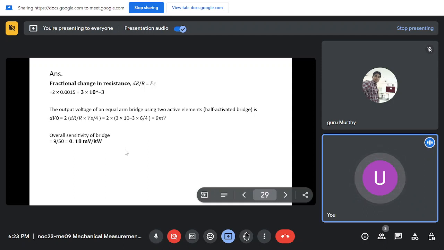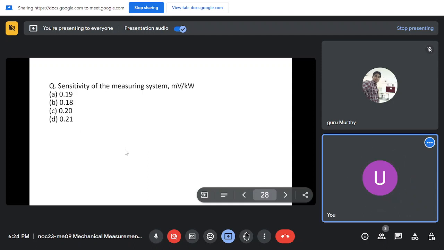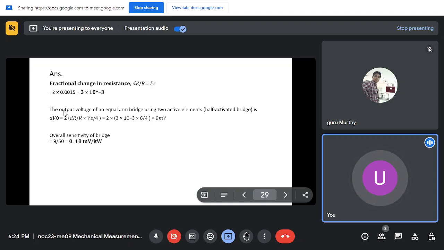So that is 3 into 10 power minus 3, the fractional change of resistance, or 0.3%. From the options, the fractional change in resistance is option A, 3 into 10 power minus 3. So the answer is option A for the first part of the question.